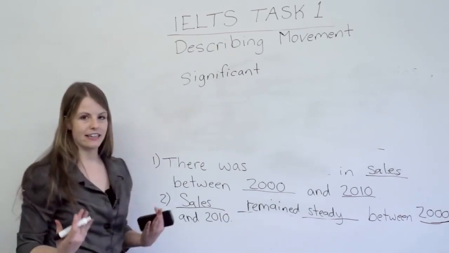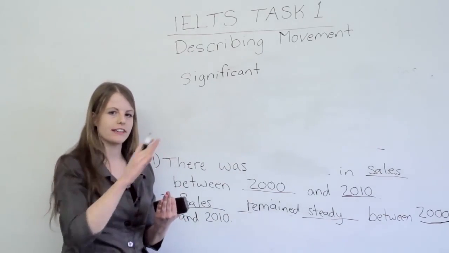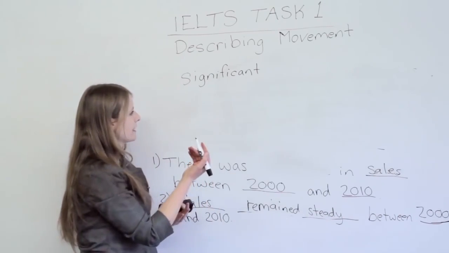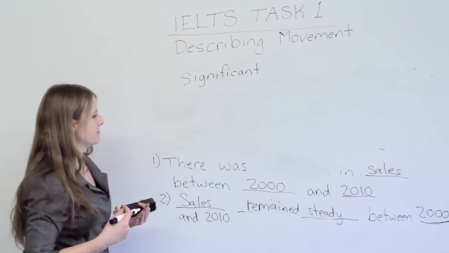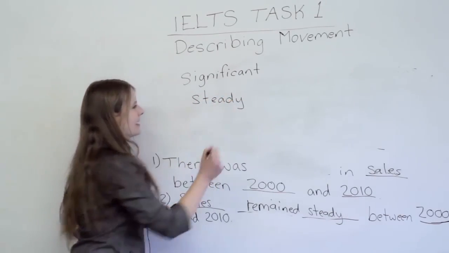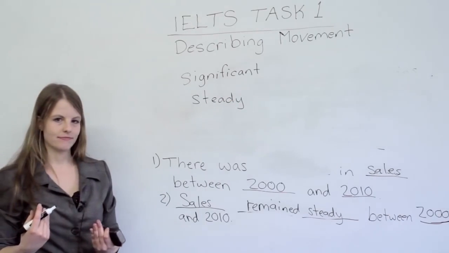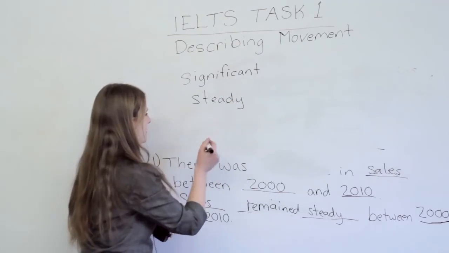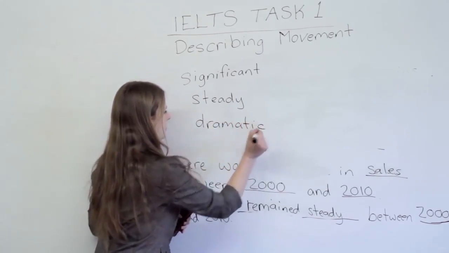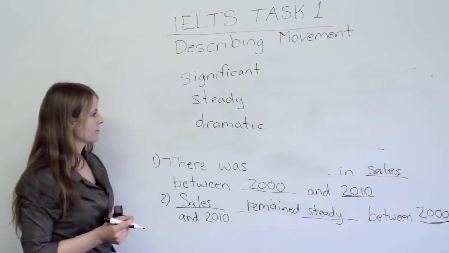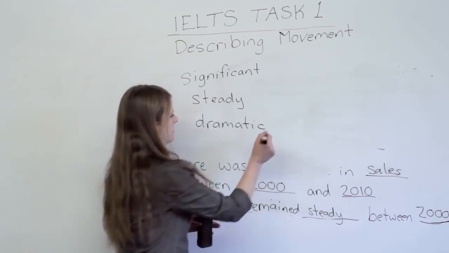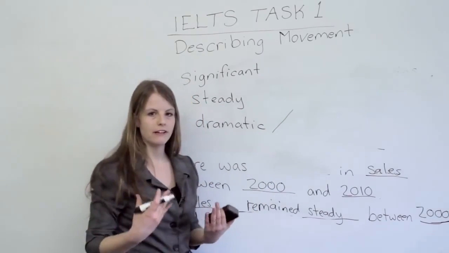There was a significant increase, meaning an important increase. It's quite a big increase. We could say there was a steady increase. We could say there was a dramatic increase, which, if we had to draw these, would be a very sudden increase.